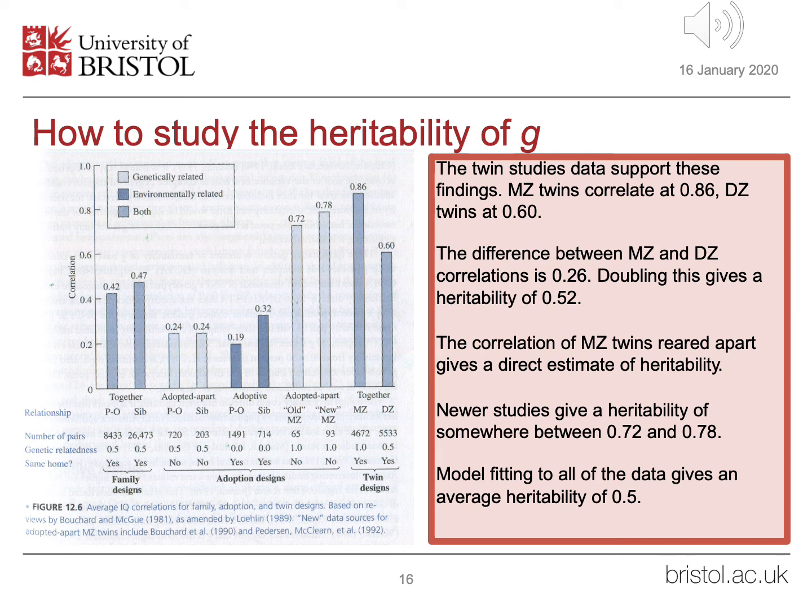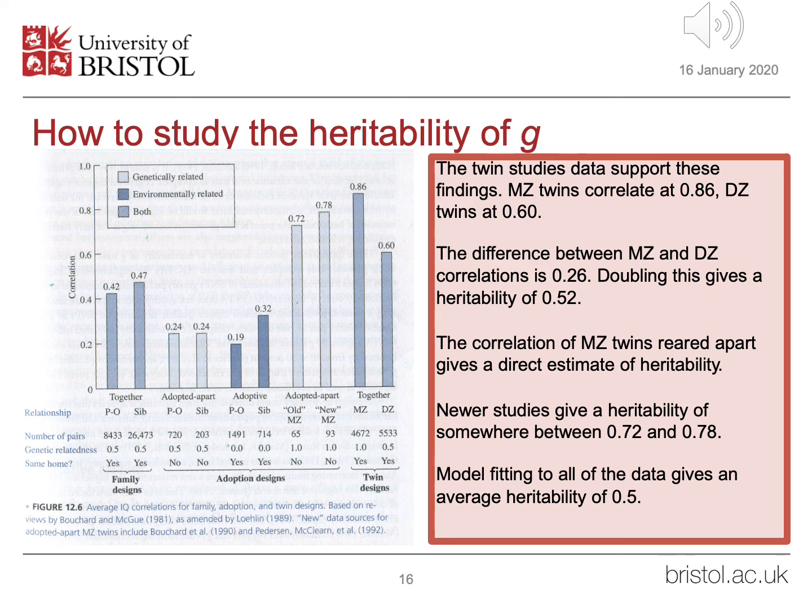Doubling this gives a heritability of 0.52. The correlation of MZ twins reared apart gives a direct estimate of heritability. Newer studies are giving a heritability of somewhere between 0.72 and 0.78.